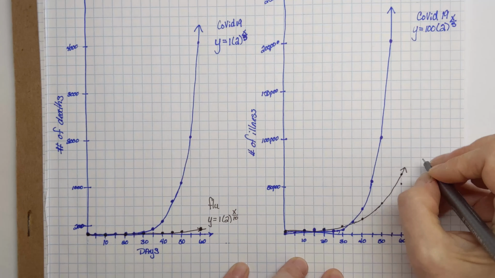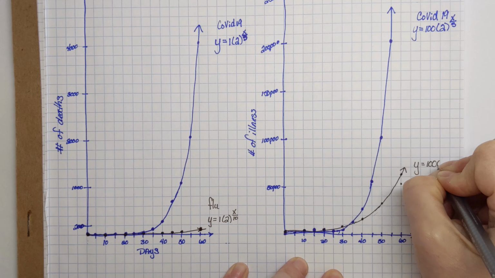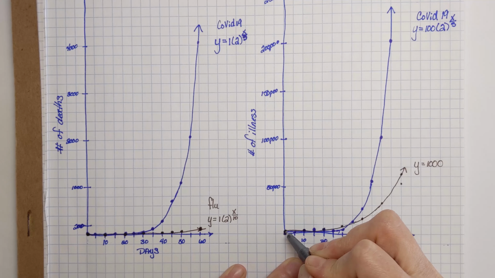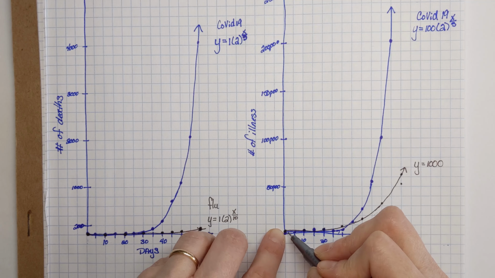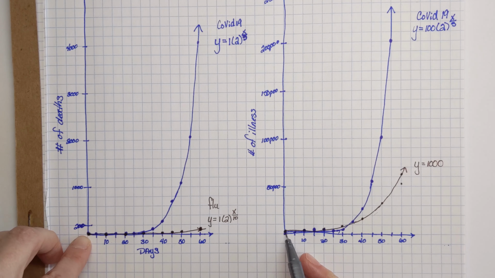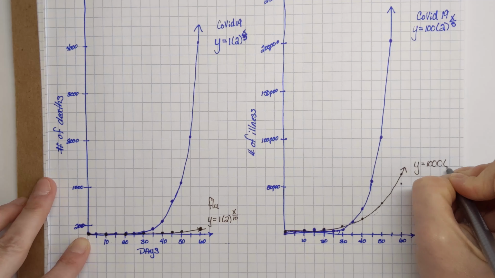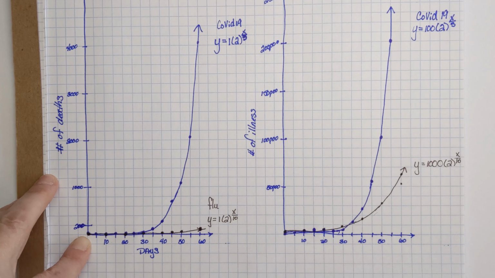So this one, if we were to make a function out of this, this would be y equals 1,000 because we started with 1,000 people who were sick over here. Remember, that is from the fact that 0.1% of the people who have the flu will die from it. So if you have 1, that means you have 1,000 people who were sick. So that doubles, though, every 10 days.